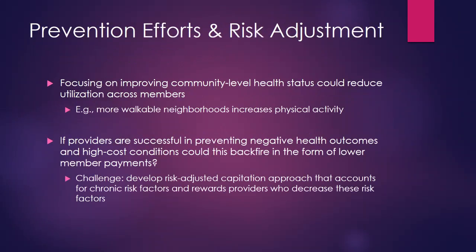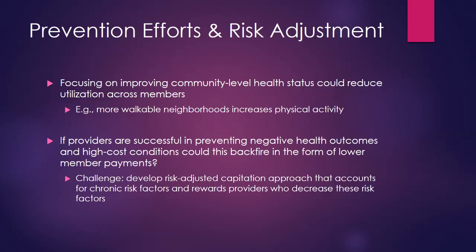One thing worth noting when thinking about risk adjusting and capitated payments is going back and thinking about the focus on prevention, the impetus to do prevention at a community level. If we can improve community level health status, that could reduce utilization across all of our members within a healthcare system.